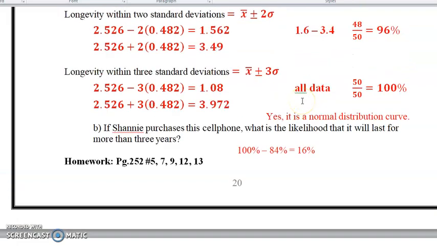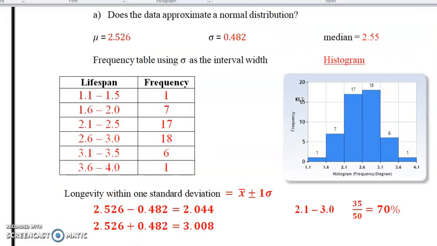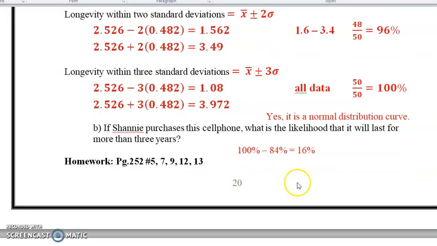And we can see that this is very close to what it actually is, because we had 7 out of 50, which is actually 14%, right? So very close. So using normal distribution, like I showed you there, it's 16%.